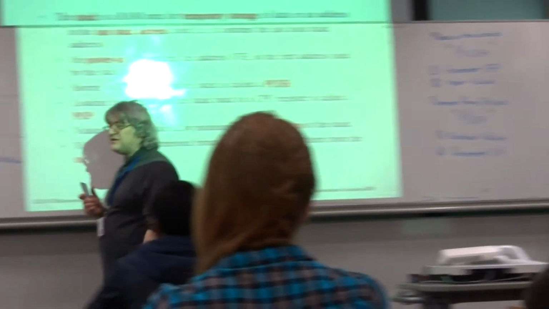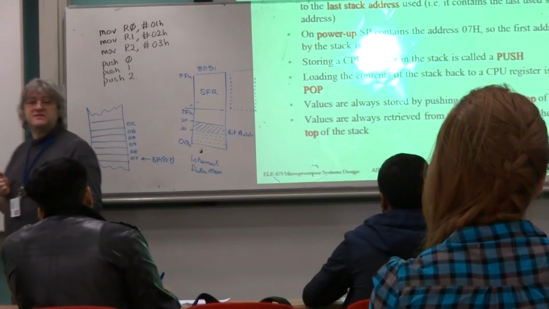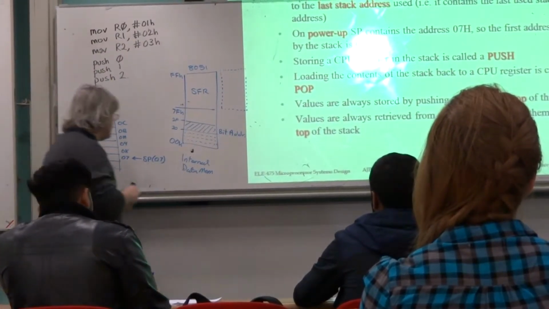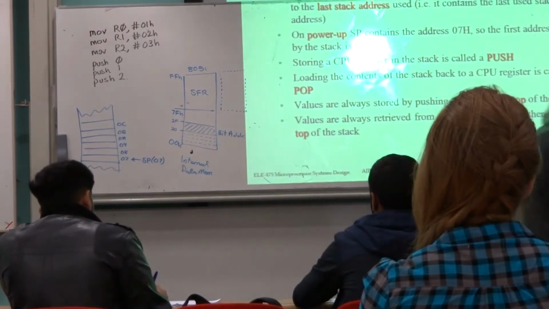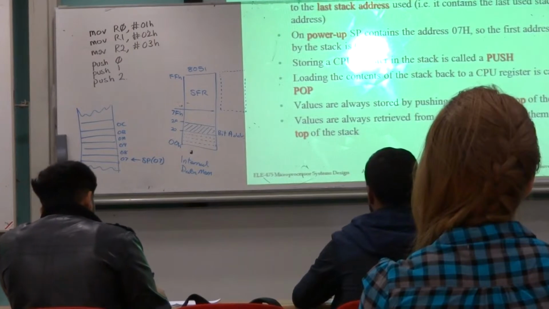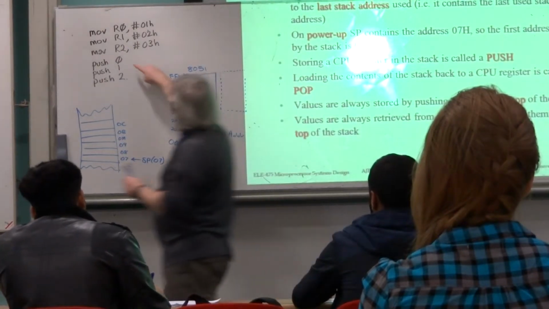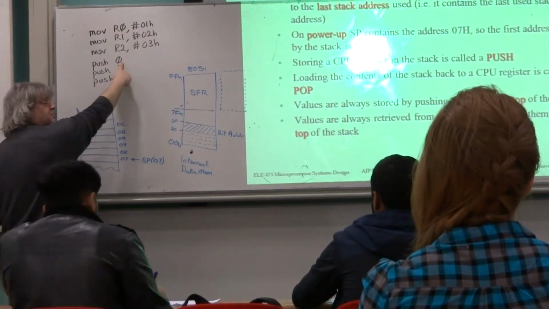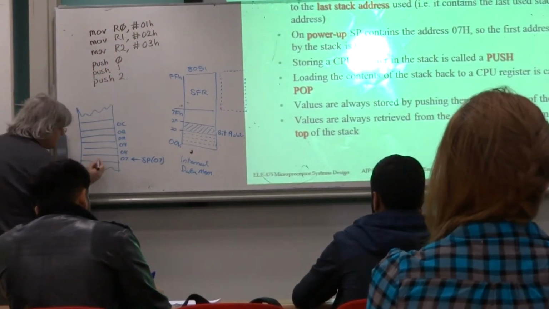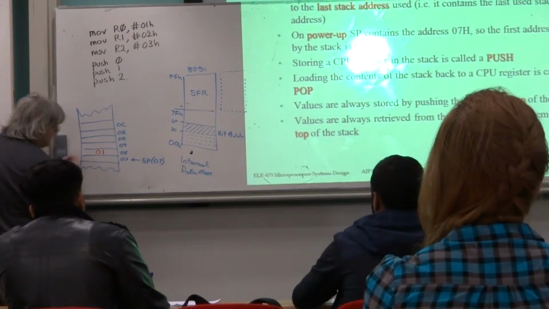Well, 07, add 1 becomes 08. So the stack is now pointing to 08, and we would write into memory location 08 the contents of memory location 0, which happened to have the value 01 in it. So this would end up with a 01 in there.